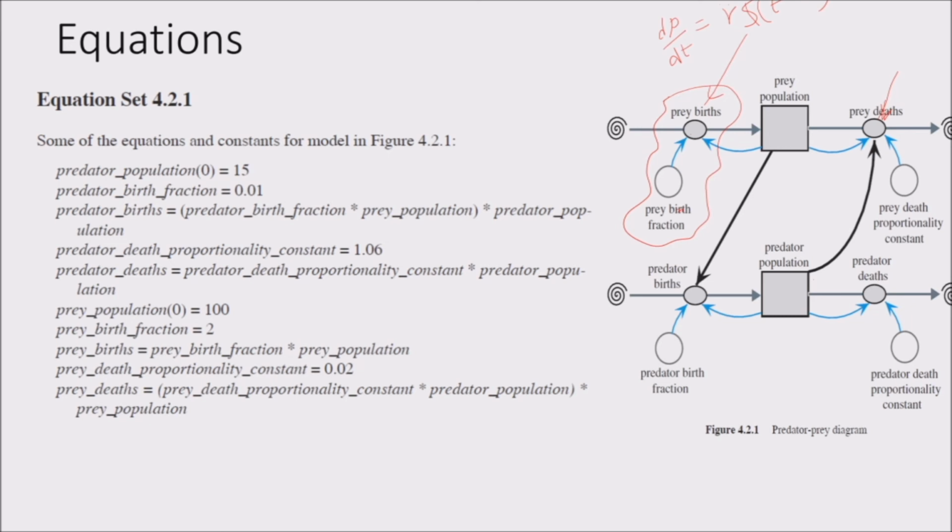So the death of prey is like this, and this is the equation that goes to prey deaths. If you are writing it in equations like this for your final report, this is how you model this equation.